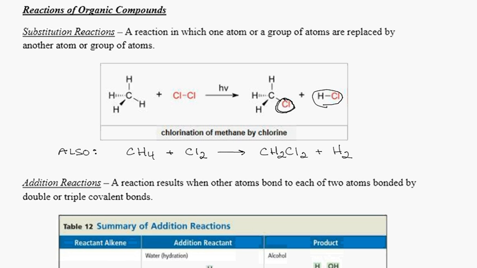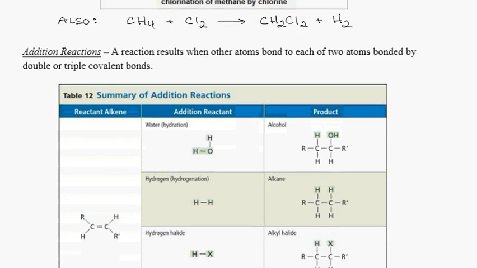The second type of reaction is addition. Addition results when a double or triple bond is broken and there is an adding of atoms at the broken bond site.